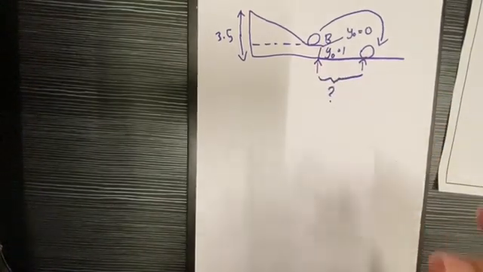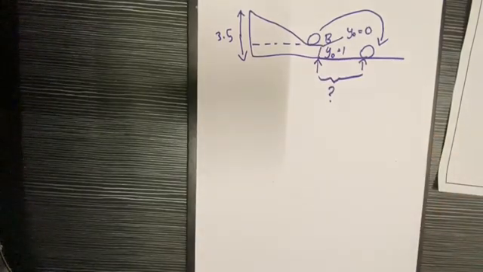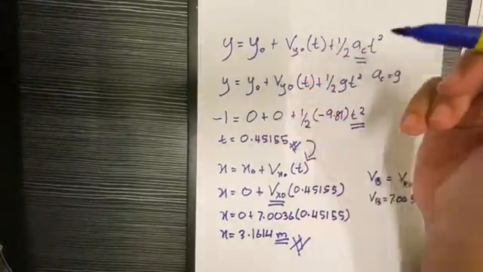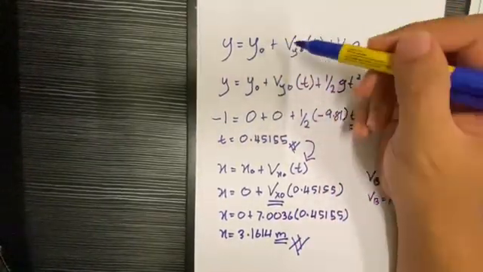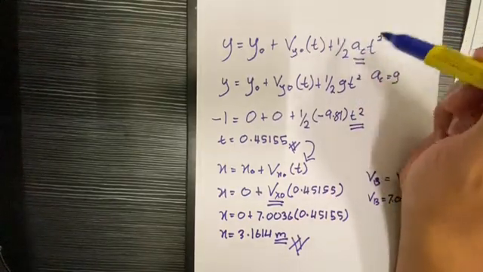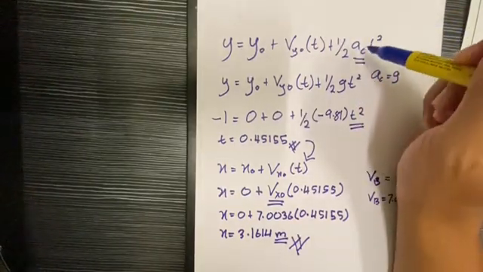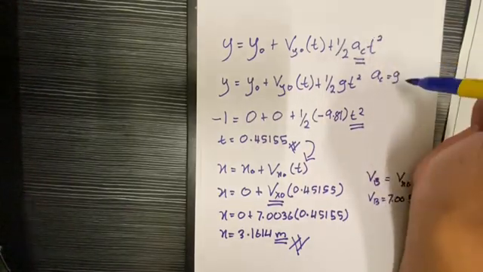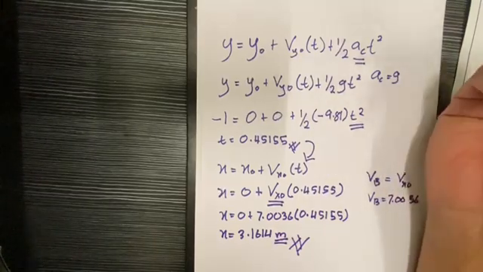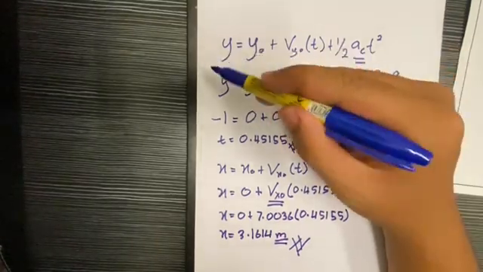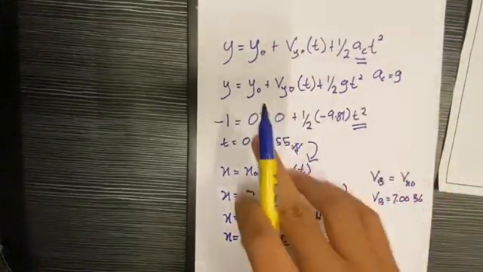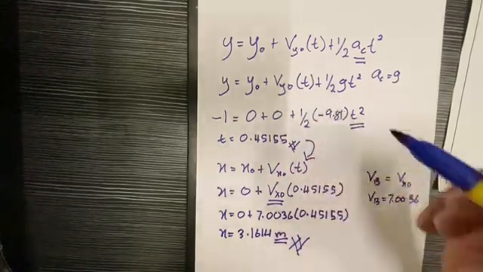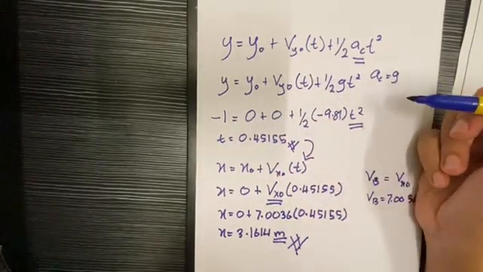So how do we attack this question? If we want to solve this question, we need to use this equation: y equals y naught plus vy naught times t plus half ac t squared. Now we replace ac with the gravitational acceleration, because this is in the y component. So the equation will be y equals y naught plus vy naught times t plus half g t squared.